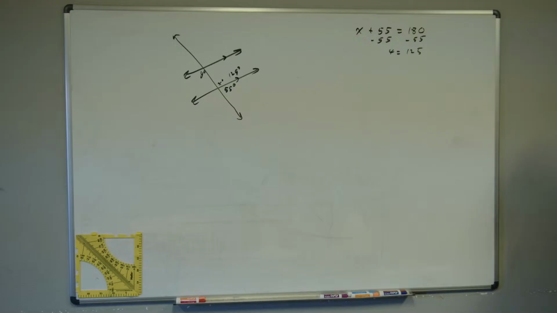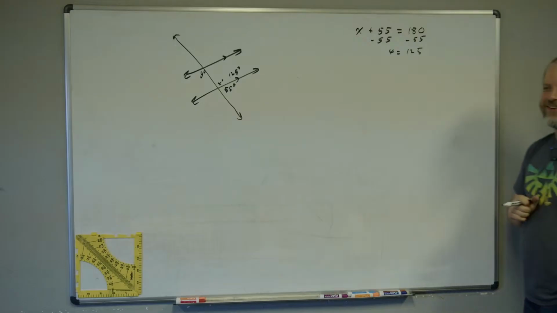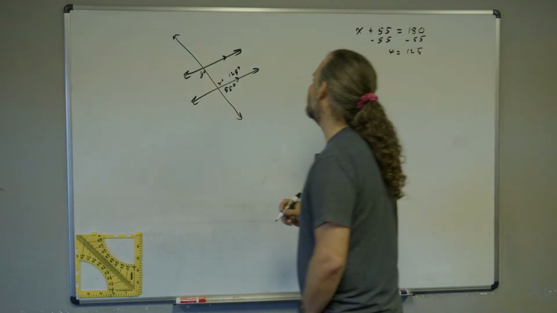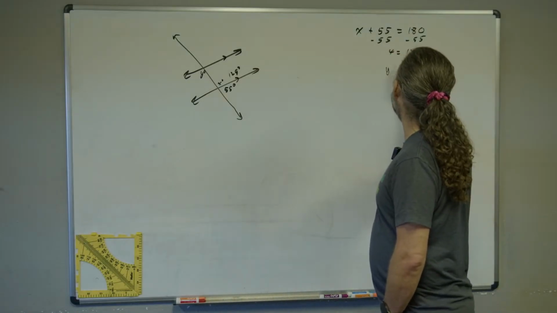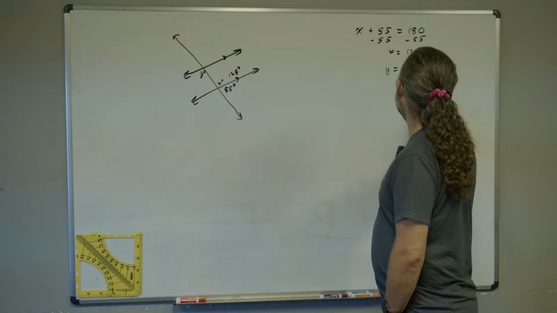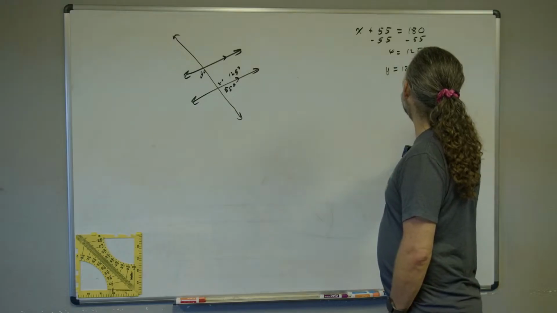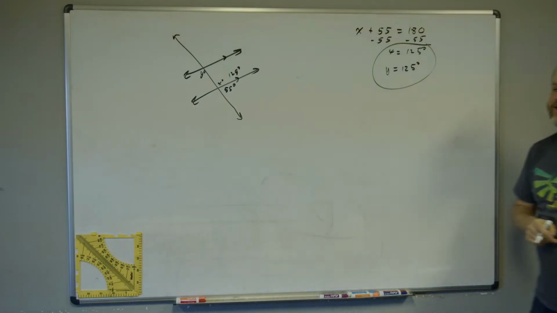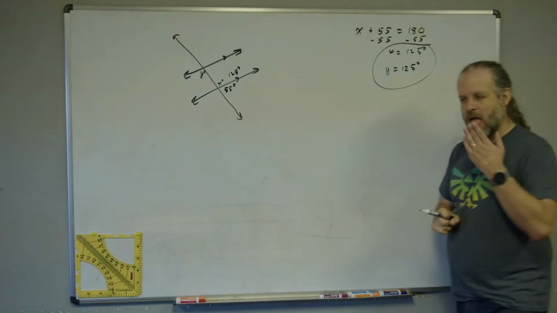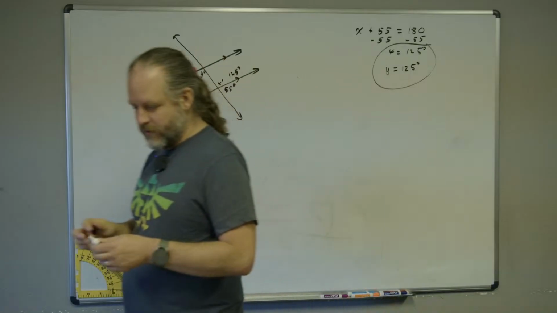I don't know why I'm shaking my head. You're right. You were 100% right. So they're congruent. So what does y equal? 125. Easy peasy.